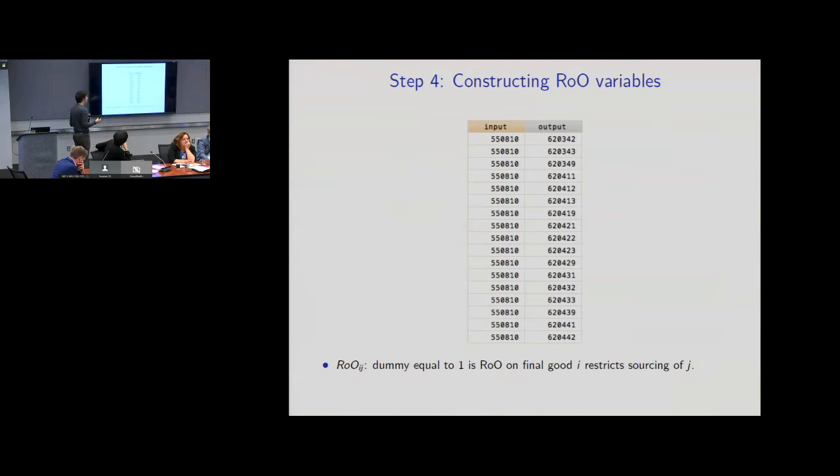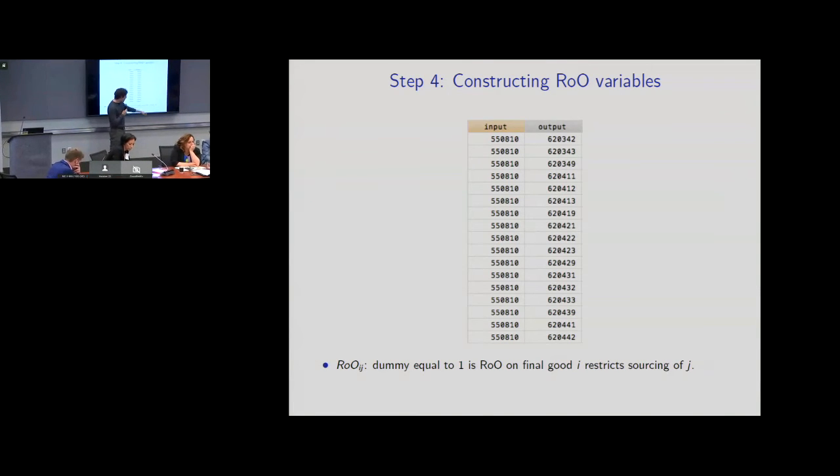So for every single input, we're going to have the number of outputs for which this input is restricted. And this is actually going to be our main variable in the regression. So basically, this RoO_ij is going to be a dummy that takes value 1 if there is a rule of origin linking the final good i with the intermediate good j.